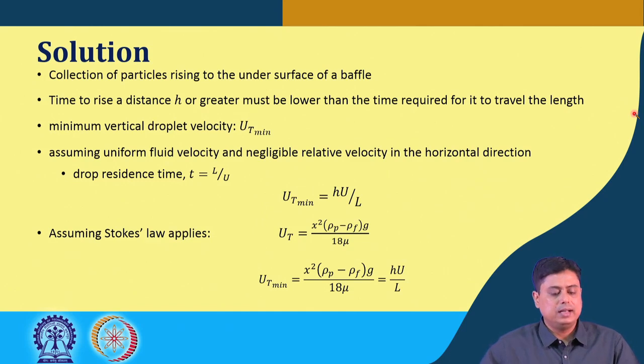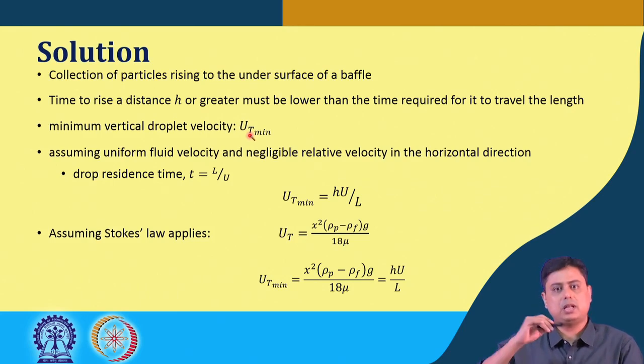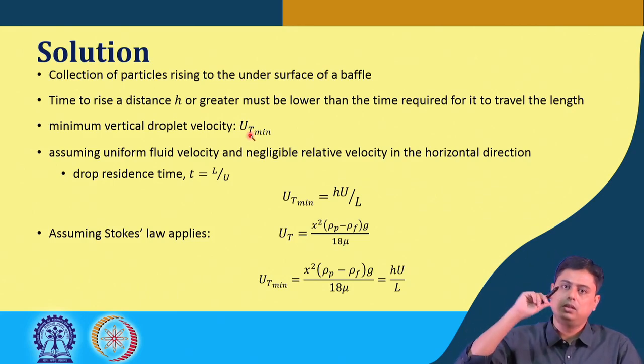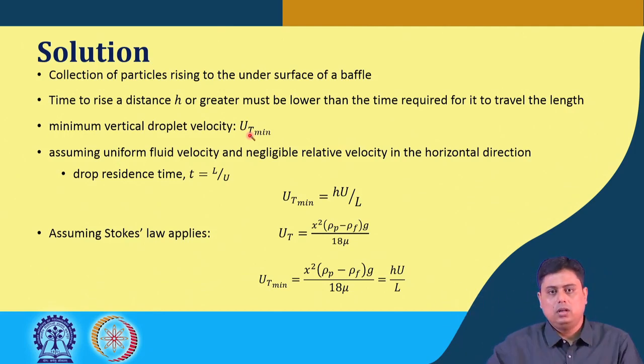So, if we now consider this minimum vertical droplet velocity as ut minimum that is required, this is the terminal rise velocity, this is the minimum velocity that it requires, which is equal to this length, the time it takes for the whole path of its flow in the horizontal direction.